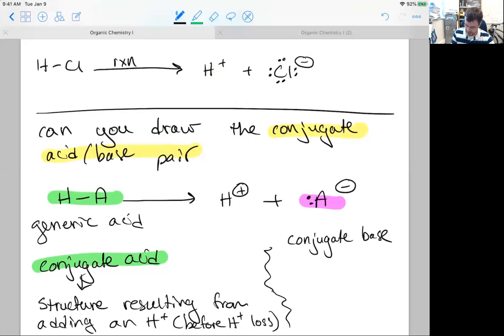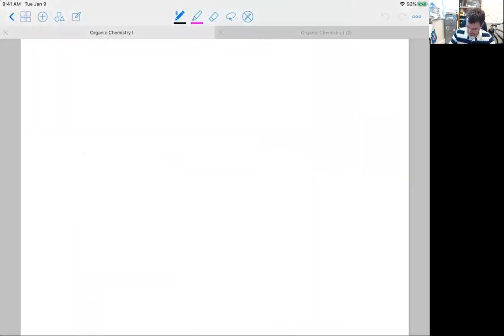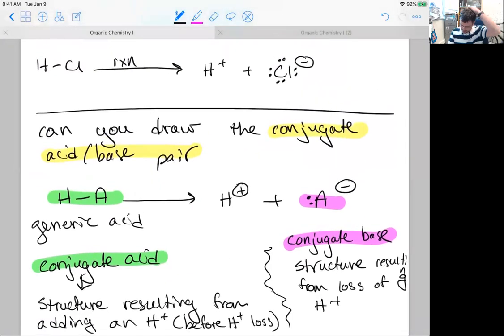The conjugate base is the structure resulting from loss of H+.